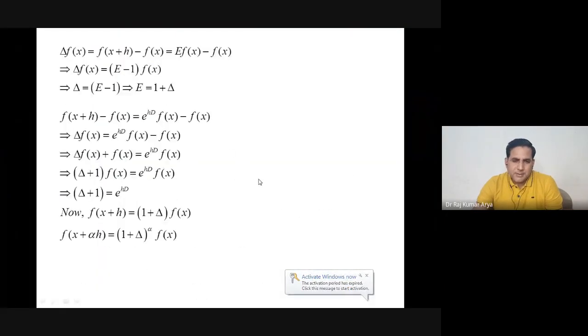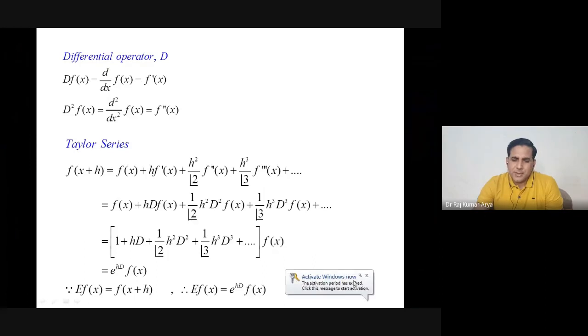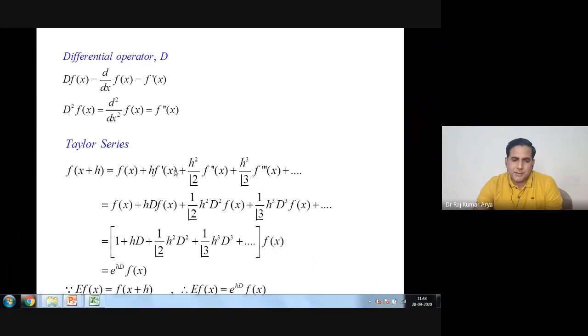After that, we are converting this Taylor series expansion in terms of the differential operator. So we can write, in place of f dash x, D f(x), right? In place of f double dash x, we write D square f(x), and f triple dash would become D cube f(x).